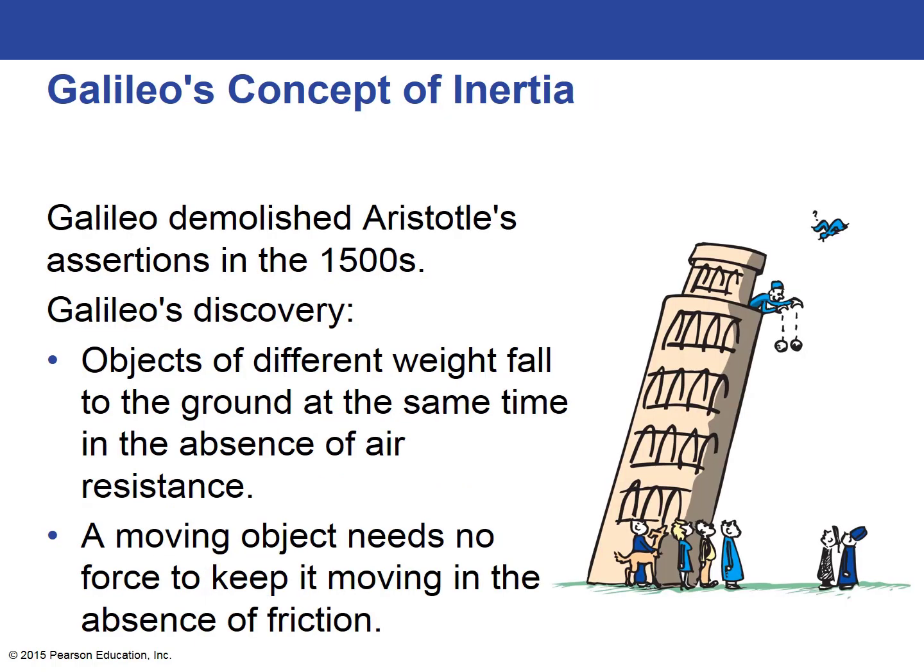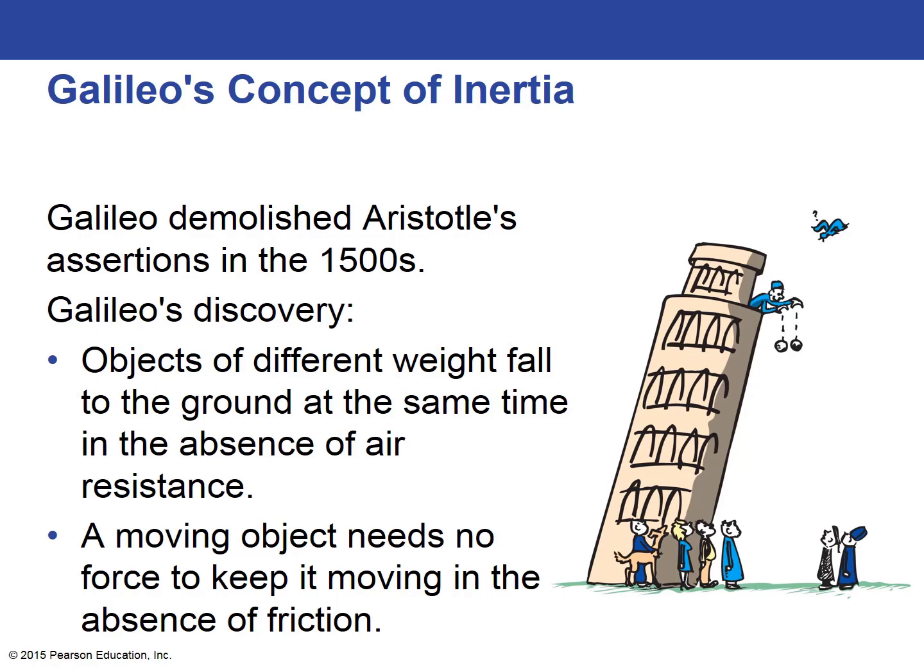Now, the first thing that we're going to talk about is that the first major inroad in our understanding of objects and how they move can be traced back to Galileo. And many of you are familiar with his famous experiment at the Leaning Tower of Pisa, where he dropped two objects, one a very light object and one a very heavy object.